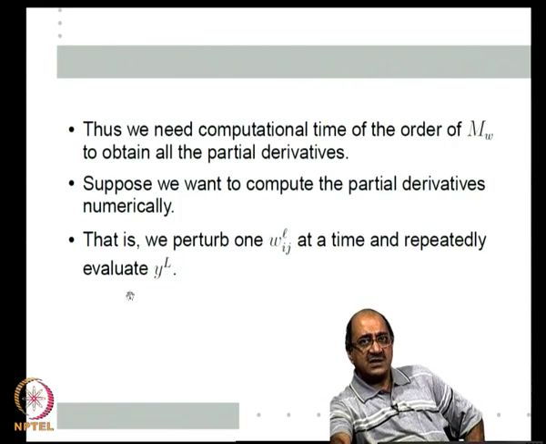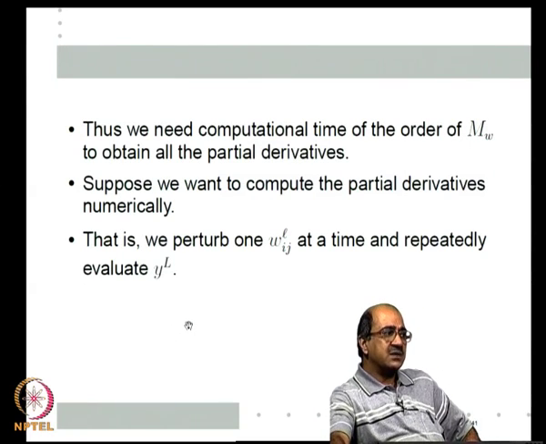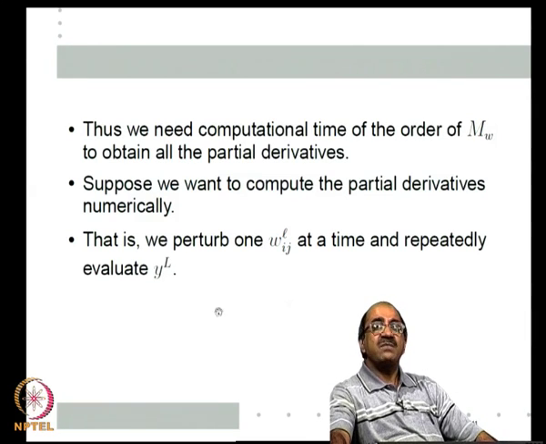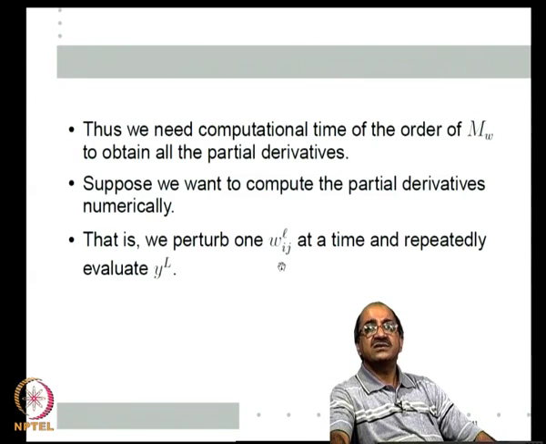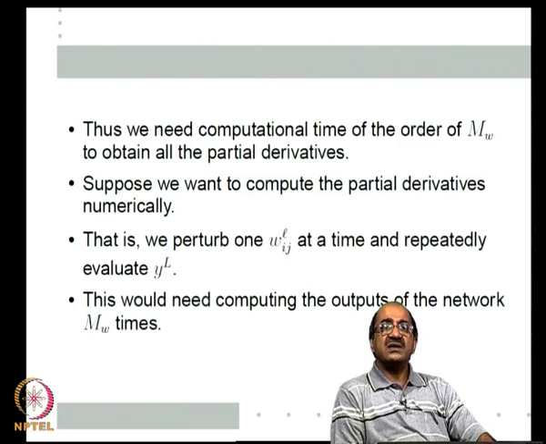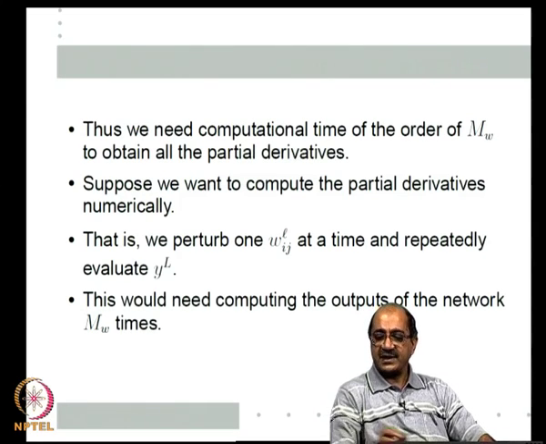Now, if I do this, what it means is, because each weight has to be perturbed once, I have to calculate the output of the network as many times as there are weights, which means I need to calculate the output of the network MW times. Each computation of the output will be of the order of MW multiplications.